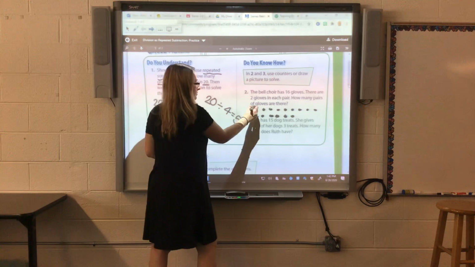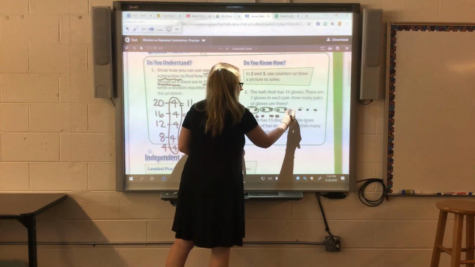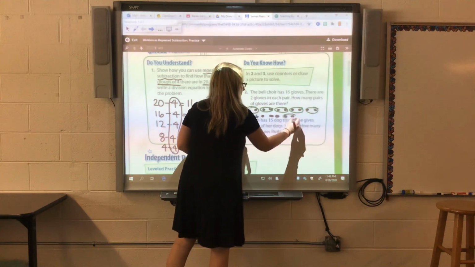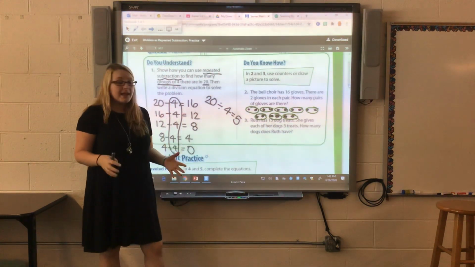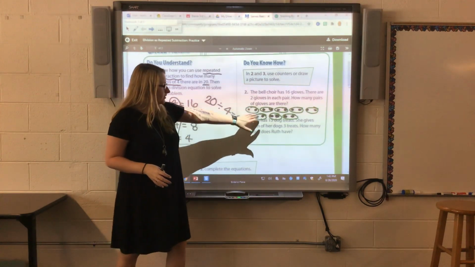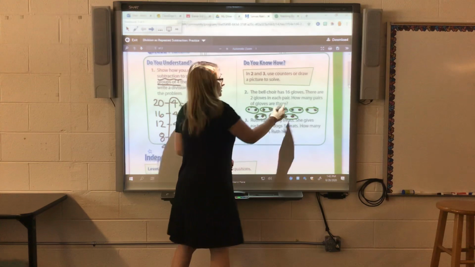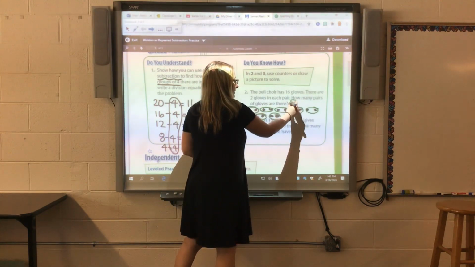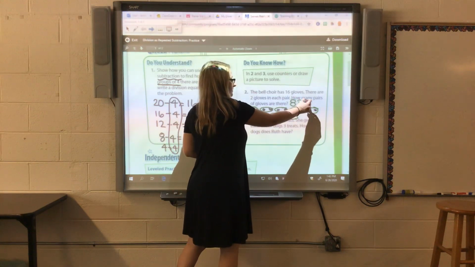So I'm going to circle 2 gloves. Then I'm going to count how many pairs I have. I have 1, 2, 3, 4, 5, 6, 7, 8. So how many pairs are there? There are 8 pairs of gloves.